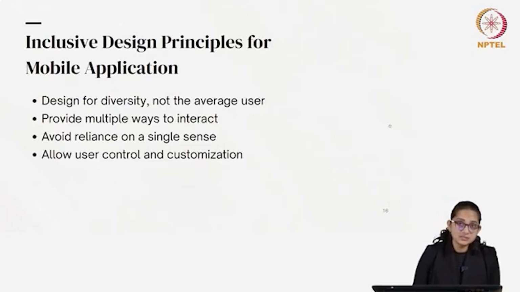We have discussed it in detail in one of the earlier sessions. You can maybe go back to that also. We can provide multiple ways to interact. So multimodal interaction is the key. You have to provide options so that it is inclusive to a larger audience.